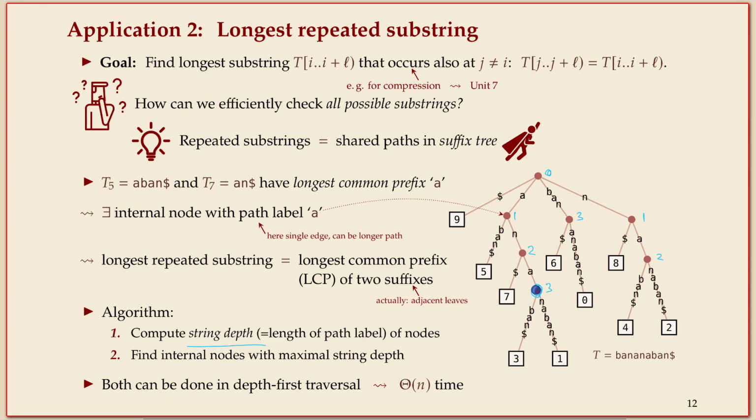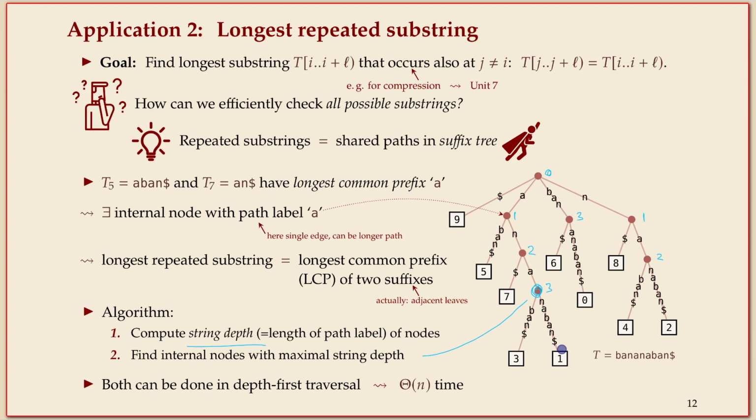That's one of these. And then the path to that node from the root, ANA, is one of the maximal repeated substrings. And ANA occurs in the suffixes ANABAN and ANANABAN. So it occurs in two places, and it's actually overlapping, right? If you look at BANANA, there's ANA and ANA.